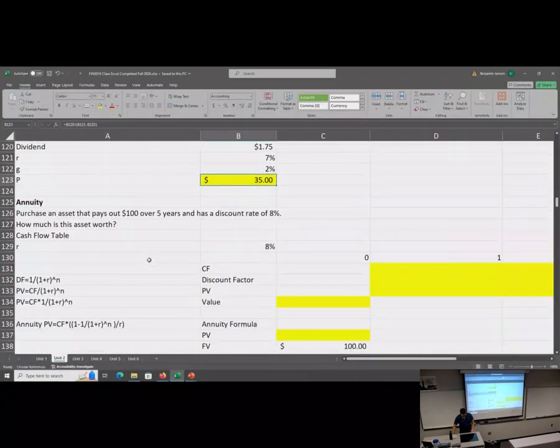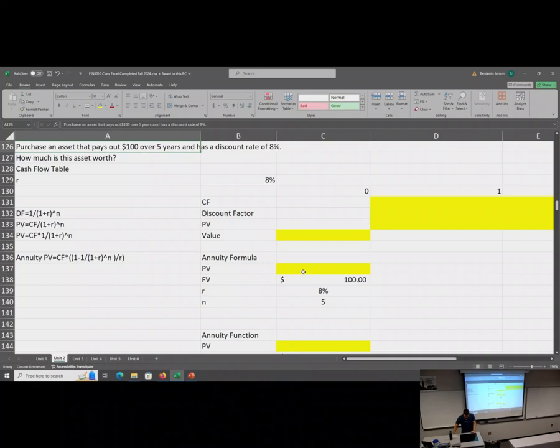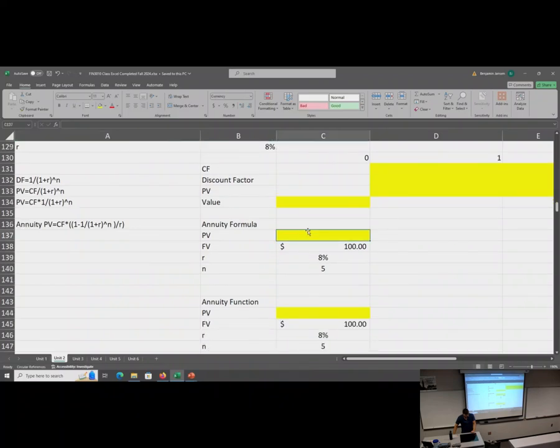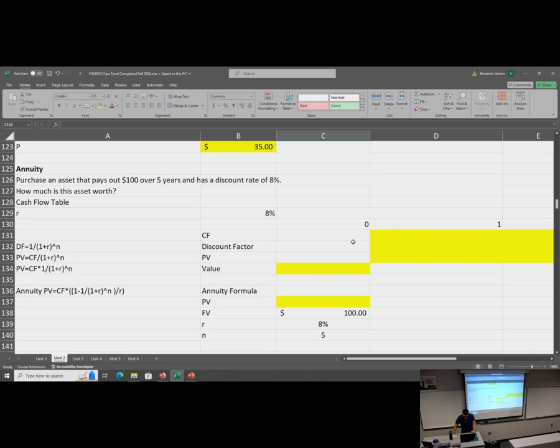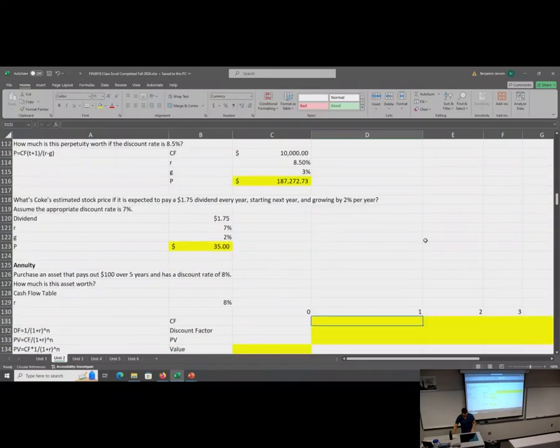All right, so this is basically what we already started working on with the cash flow table problem, right? So we're just going to repeat this example real quick, and we'll also use the annuity formula and the annuity function just so you can see going through the process using those different steps. So again, step number 1, establish your time period.